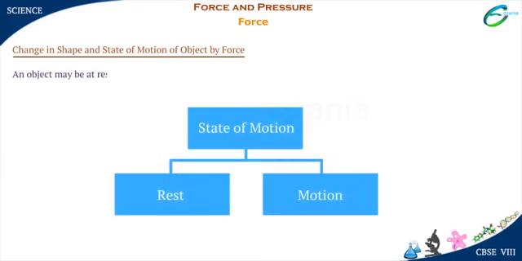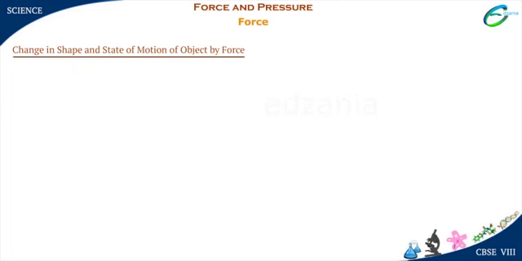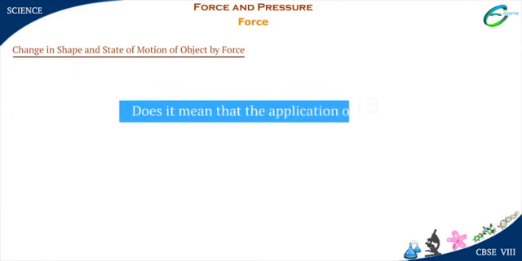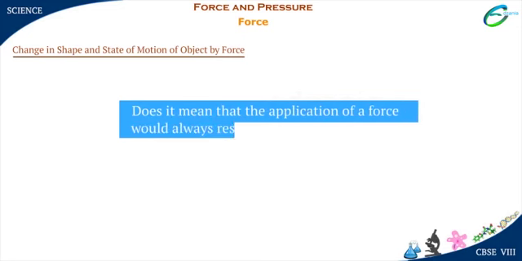An object may be at rest or in motion. Both are its states of motion. The state of rest is considered to be the state of 0 speed. Does it mean that the application of a force would always result in a change in the state?